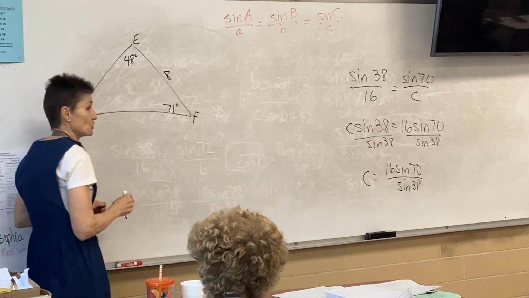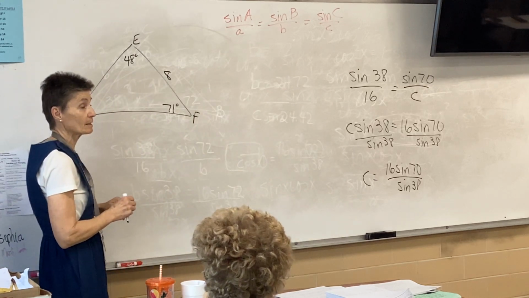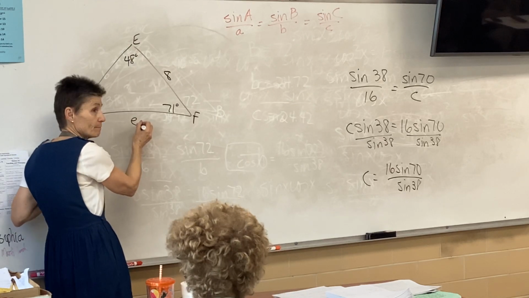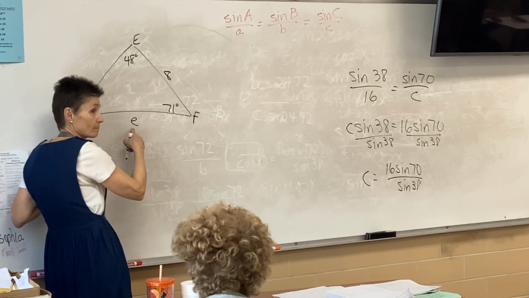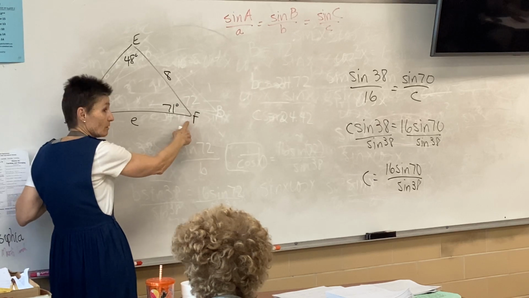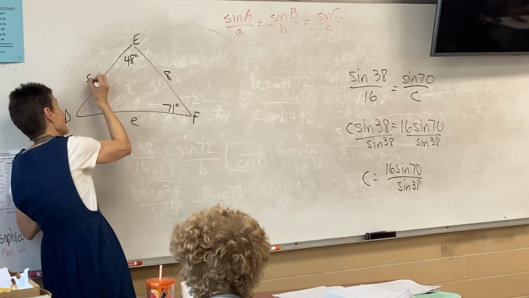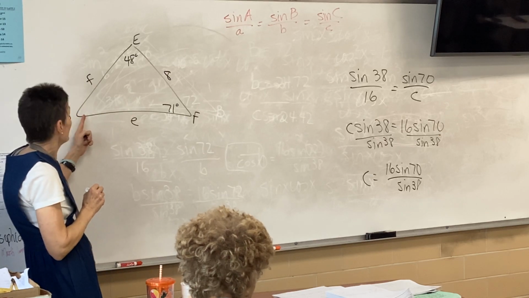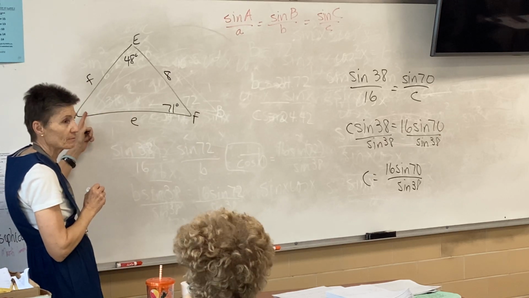All right, so make sure that you get things labeled right. Here's angle E. So this is side E. This is angle F. So this is side F. And obviously that's angle B. So those are our things that we have to find.